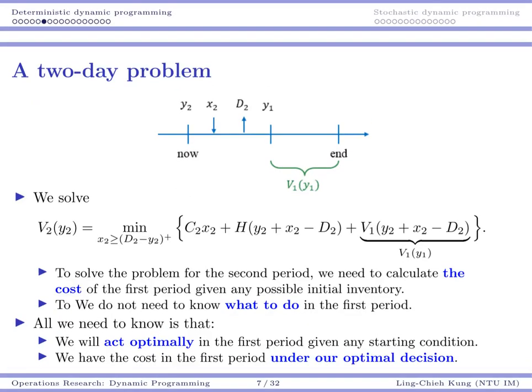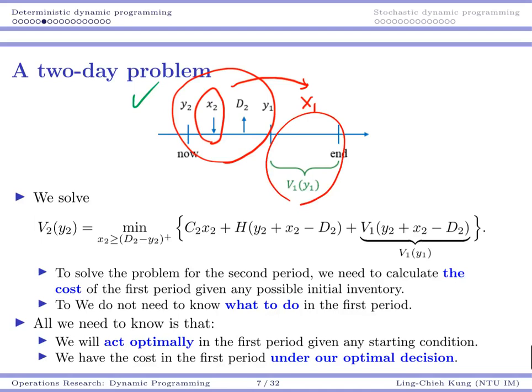Collectively, we may say our problem structure is the following. I'm going to consider the decision of deciding x2, and I know x2 is going to have some impact on my x1. If x2 is larger, x1 can be smaller, and the other way around. So the two things are connected. What we want to solve for the second period has something to do with the first period.